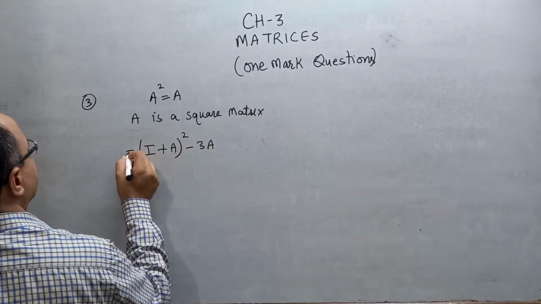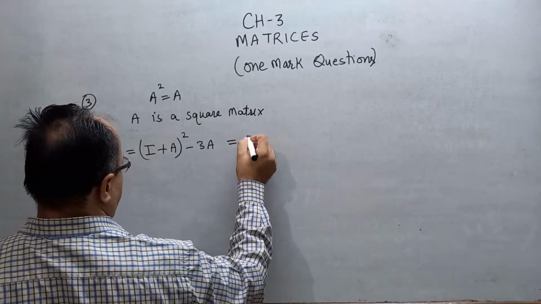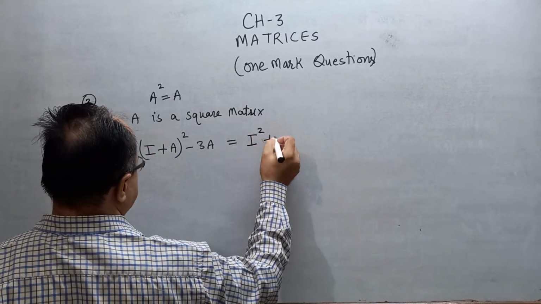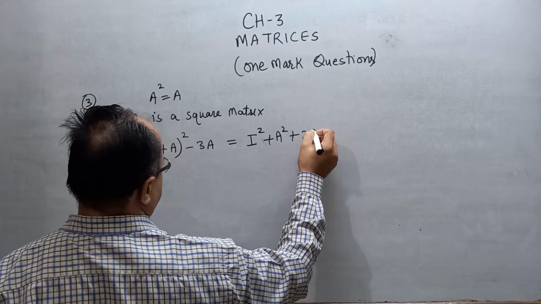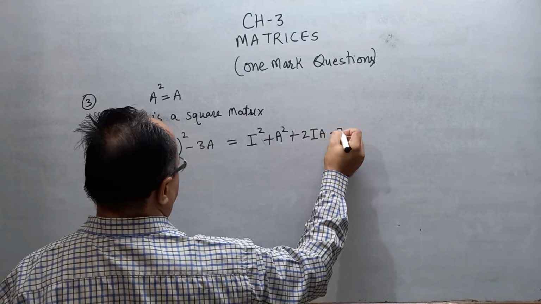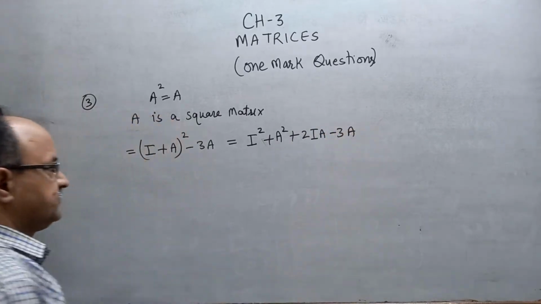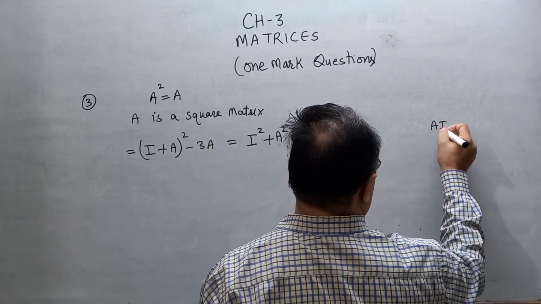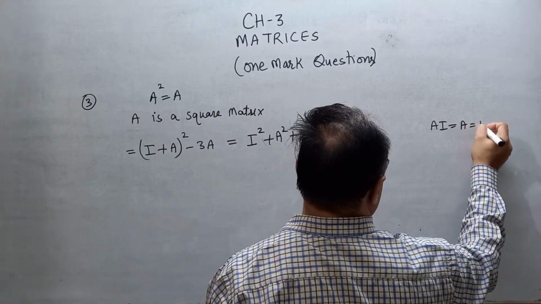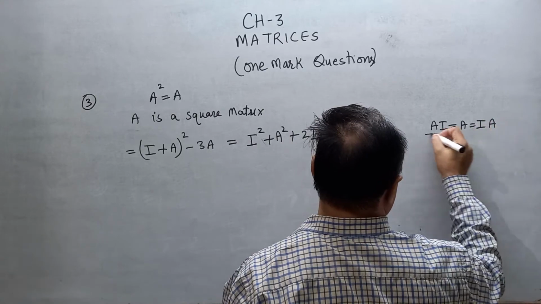Yes, simplify this question: I square plus A square plus 2IA minus 3A. You know very well the property AI is equal to IA.